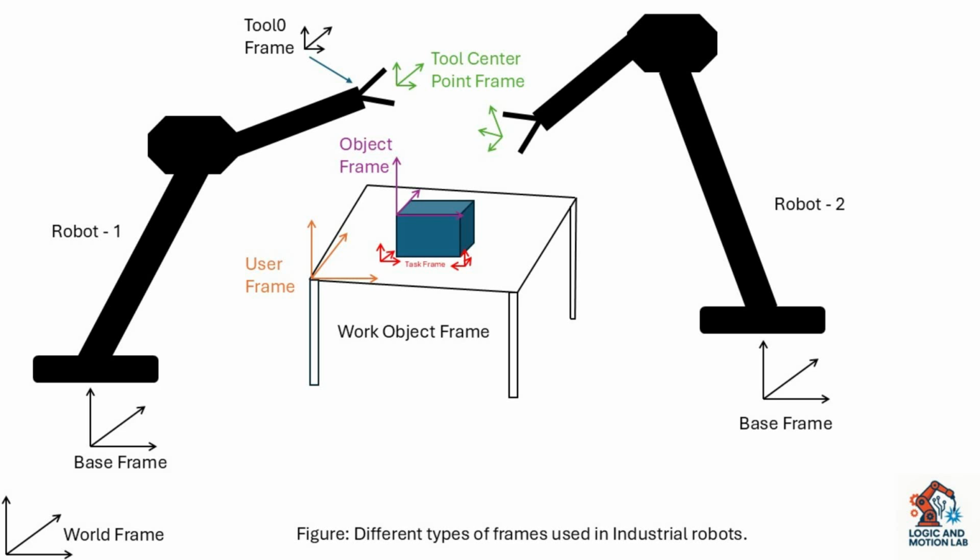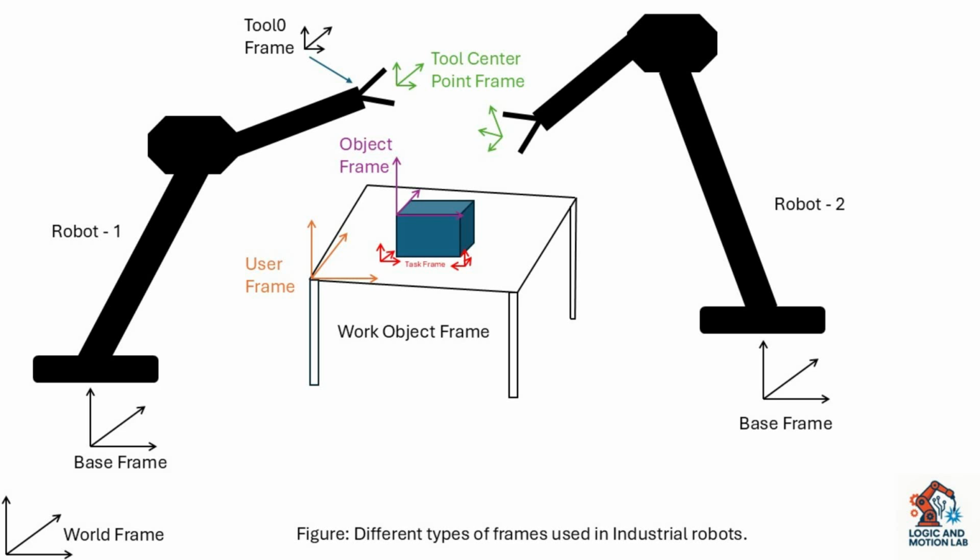One more thing, the work object frame, base frame, and task frame are relative to the wall frame, the object frame will be relative to the user frame, and the tool center point frame is always relative to the tool base point.